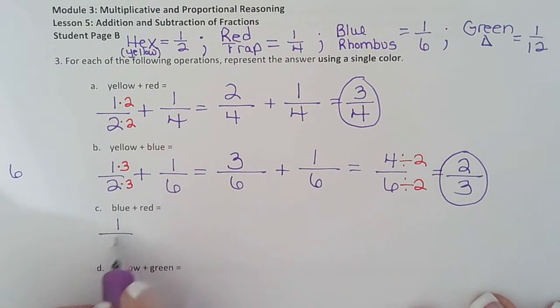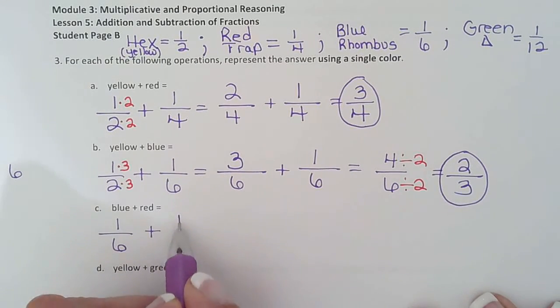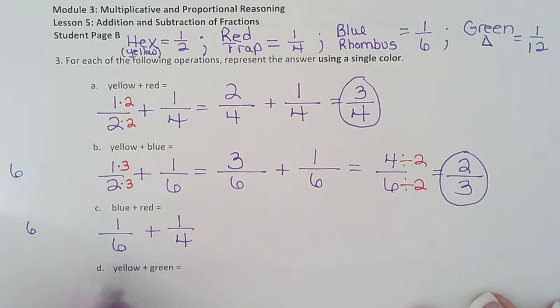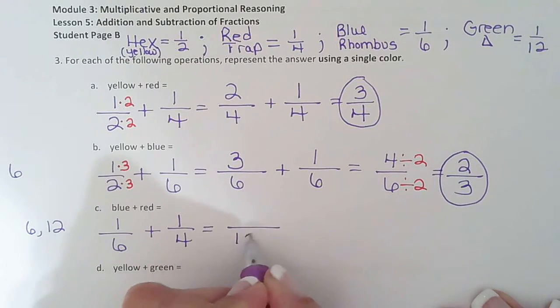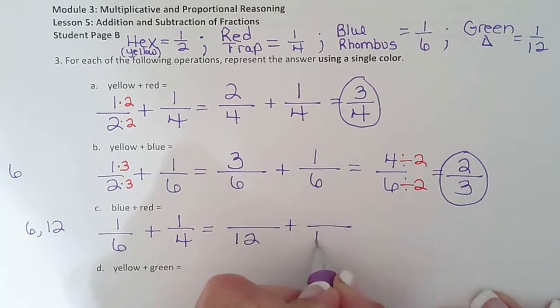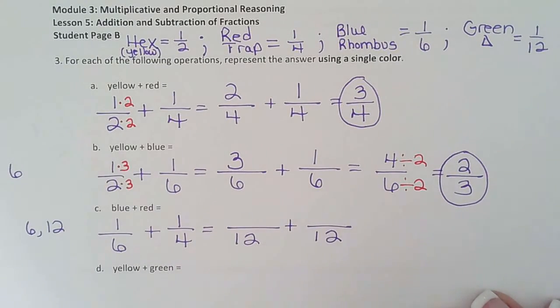So blue is 1/6 plus a red is 1/4. So 6, nope, that doesn't work. 6 times 2 is 12. Ding, ding, ding. There it is. 12 is a common denominator. So this one, both fractions are going to have to be multiplied.